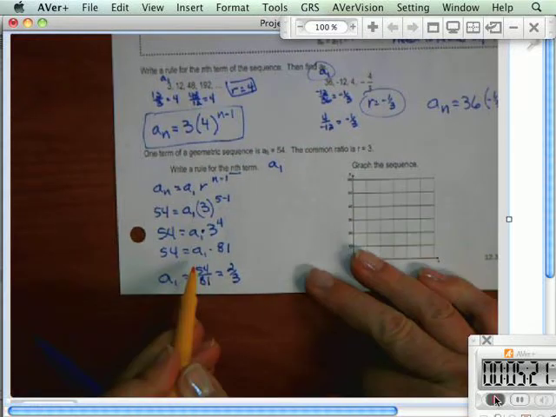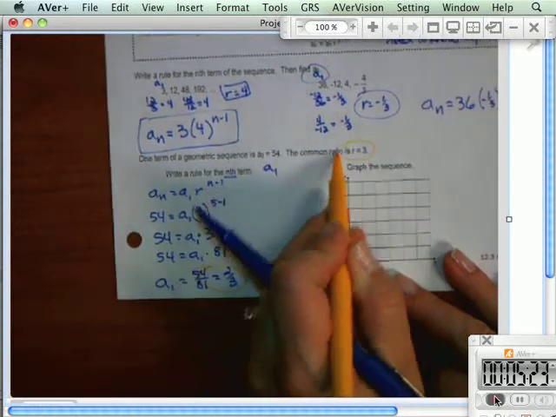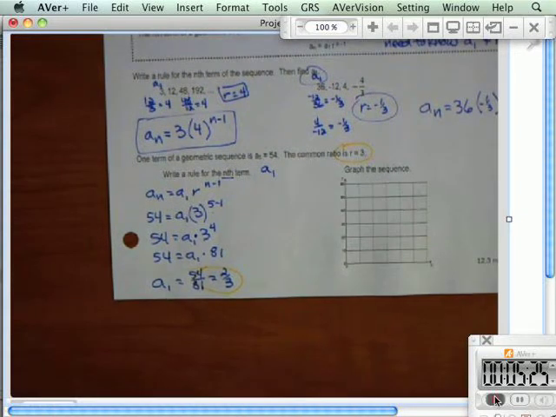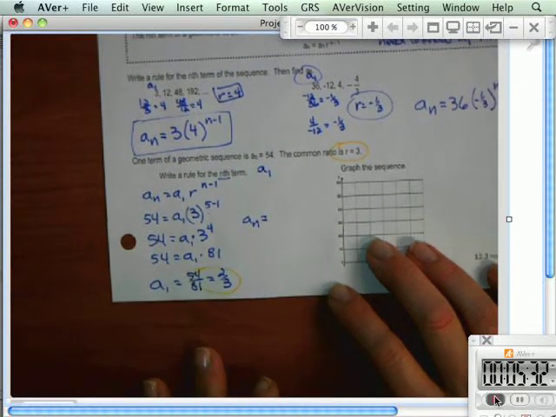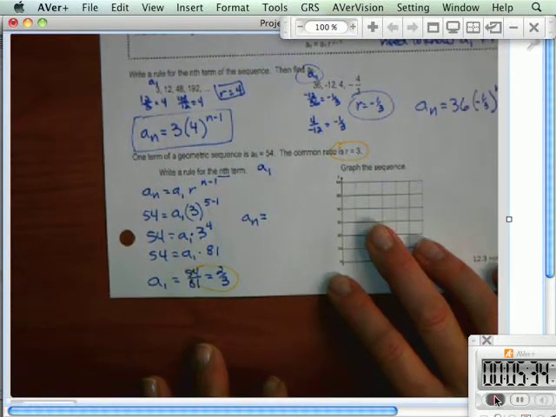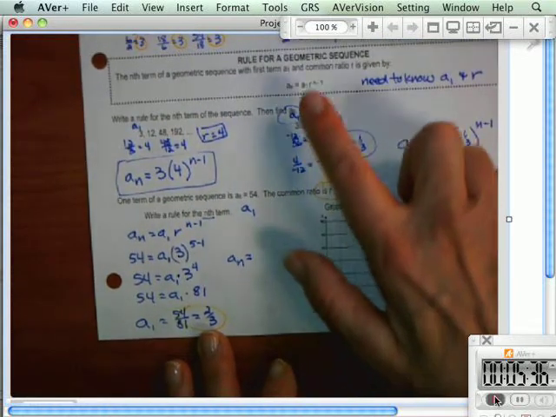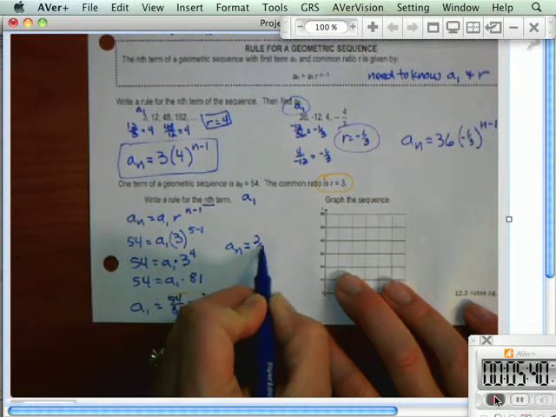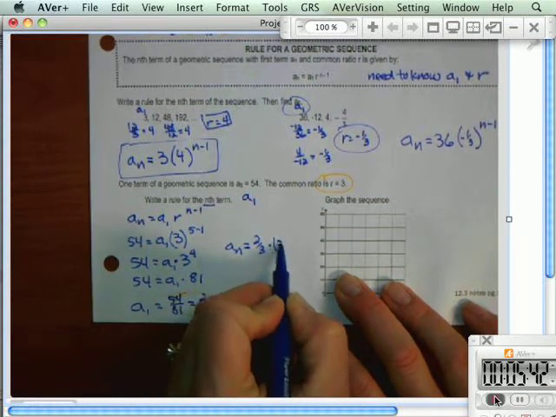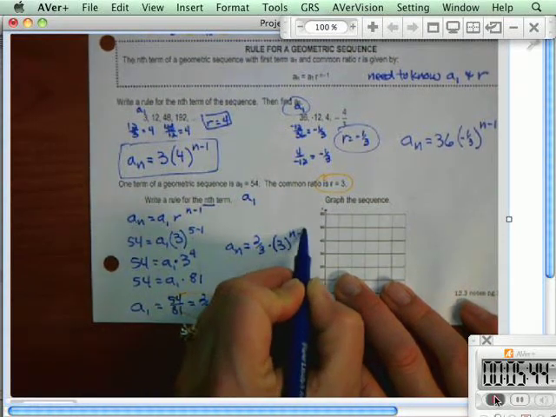I can plug it in now to the rule. I have that, and I can write my rule. So it's going to be A of n equals, up here, yep, you start with A1, which is 2/3, times 3 to the n minus 1.